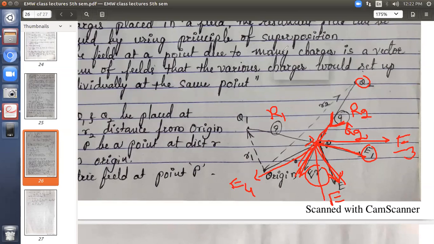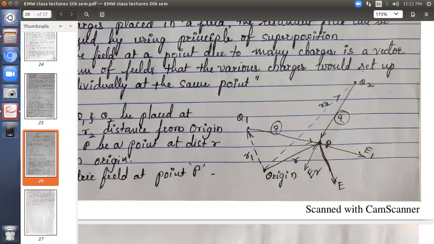So I hope you understood. In today's session we have seen the electric field intensity, the definition, how it is defined, how it is expressed in the equation form.